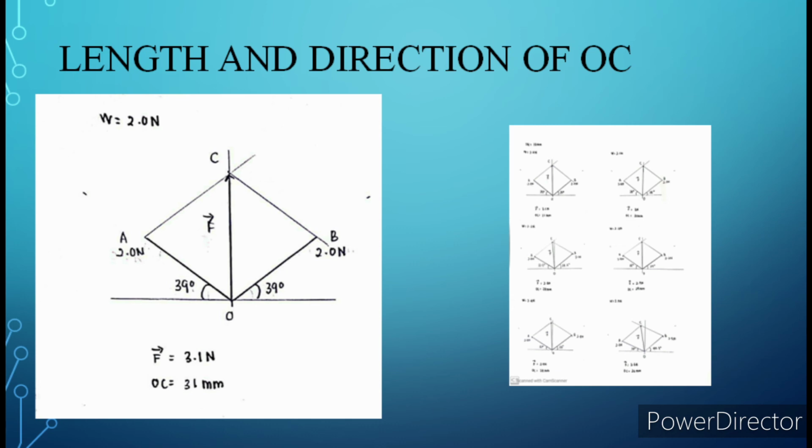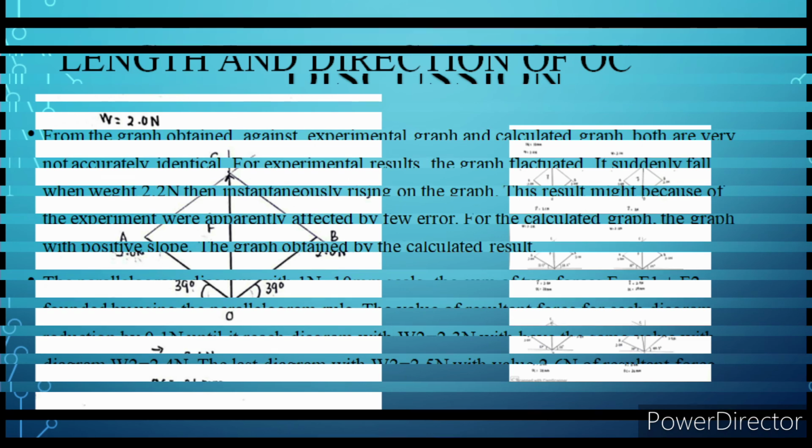Then we get the values to make the parallelogram and find the length. After we make the parallelogram, we just connect the origin to point C, and then we can get the length from point O, the origin, to point C, using the ruler.